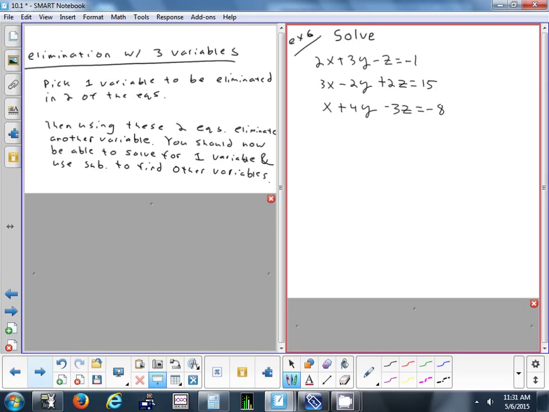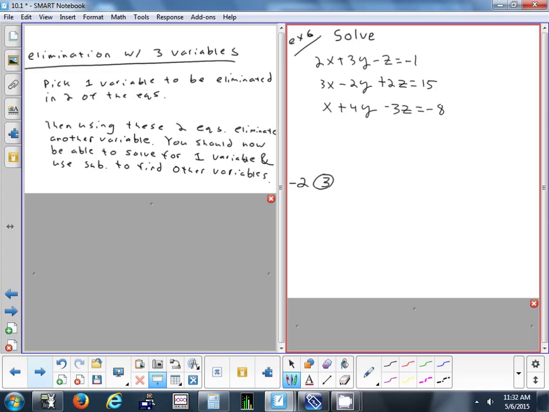Okay, so now we've got to figure out what we're going to multiply by. What could you multiply equation 3 by so that you could add it to equation 1 to cancel out the x's? Joe? -2. Yeah, let's do that.